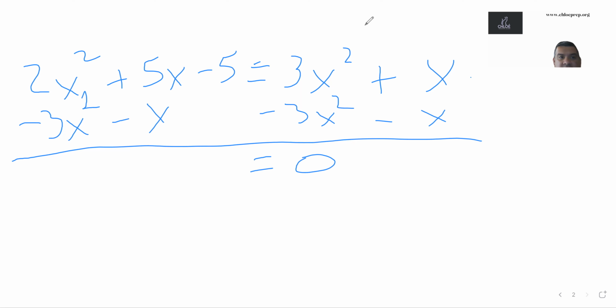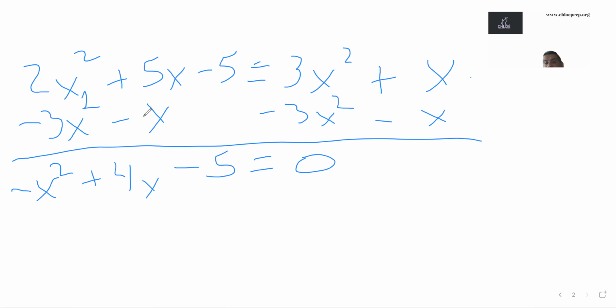Over here, we're going to do 2x squared minus 3x squared, which gives us -x squared. And then here, a little simpler, 5x minus x gives us 4x. We're not dealing with that constant, so we're just going to drag it on down.